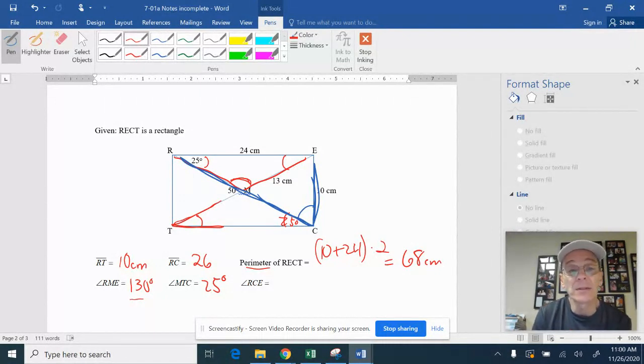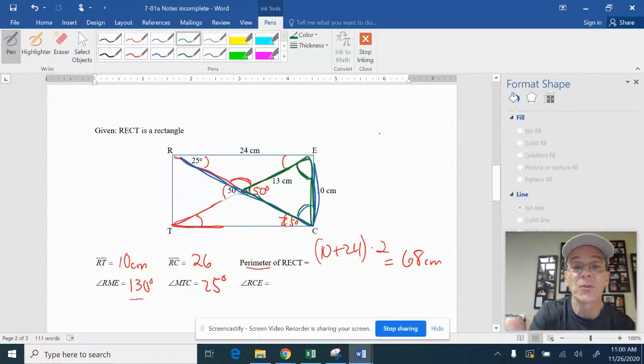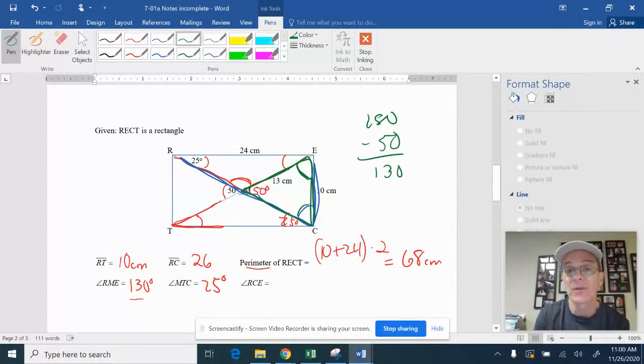Here's one way. If this is 50 degrees here, then that's got to be 50 degrees there. And doesn't this triangle appear to be an isosceles triangle with congruent angles there? Yes, it is. So if we subtract this 50 from 180, we'll get 130. And then if we split that in half, we'll get 65 for each of those angles, this one here and that one up there.